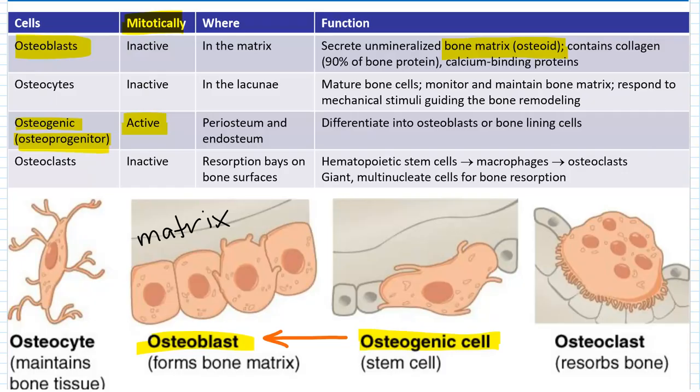And when they are trapped, the empty space in which they're trapped is called a lacuna. And osteoblasts develop into osteocytes. Osteocytes, just like osteoblasts, cannot divide. And unlike osteoblasts, osteocytes do not produce matrix. What they do instead is monitor and maintain bone matrix.